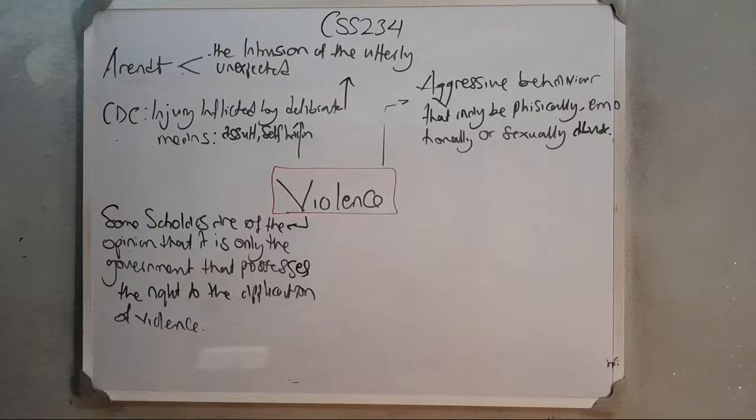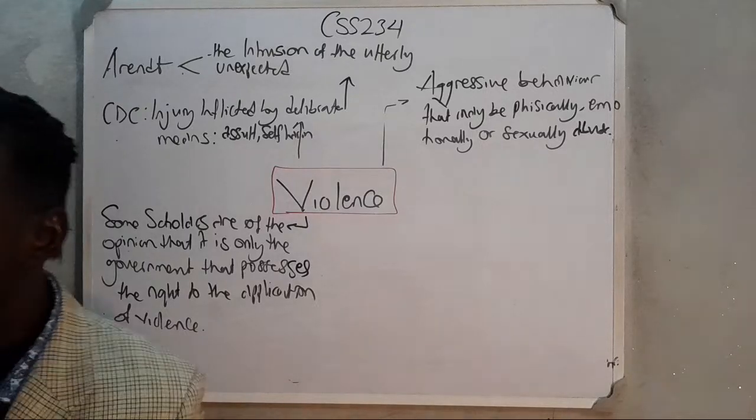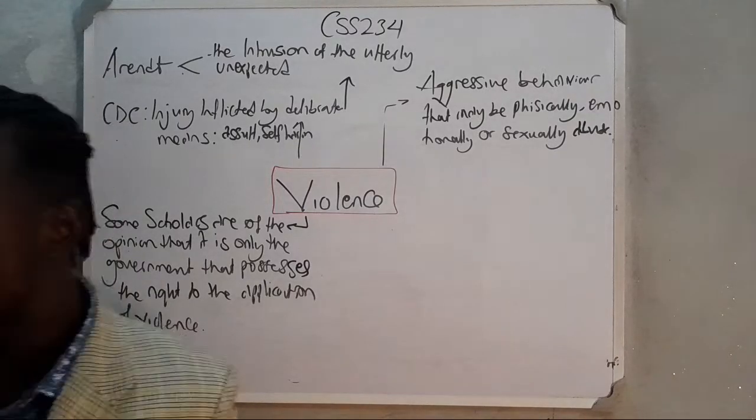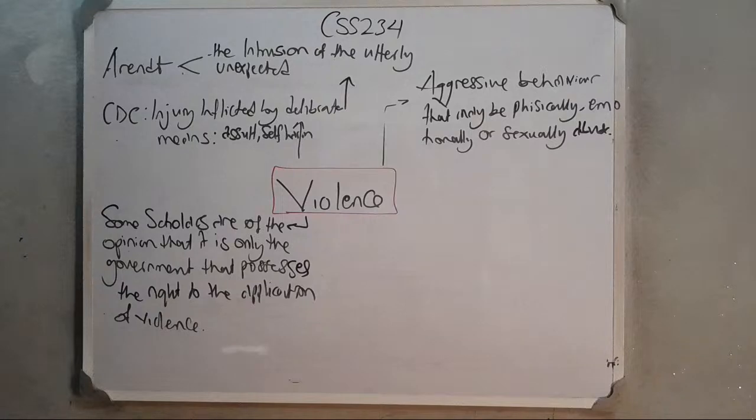Now, on the question of justification of violence, what permits violence, Max Weber argued that the power of the state includes the monopoly on the legitimate use of physical force or violence within its identified territory.